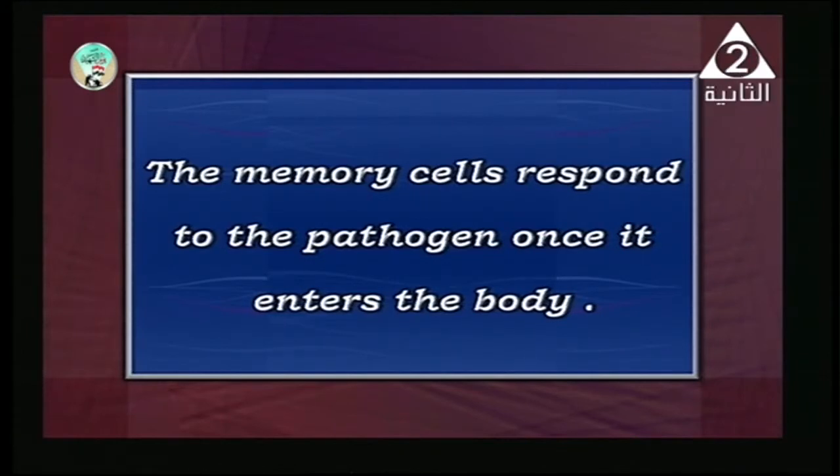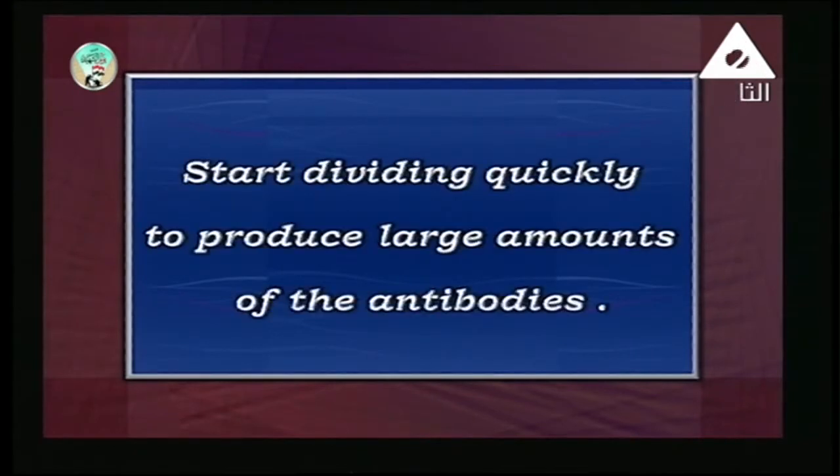They start dividing quickly, more than one time, to produce a large amount of antibodies. Remember that the information about these antibodies was already found in the memory cells before.